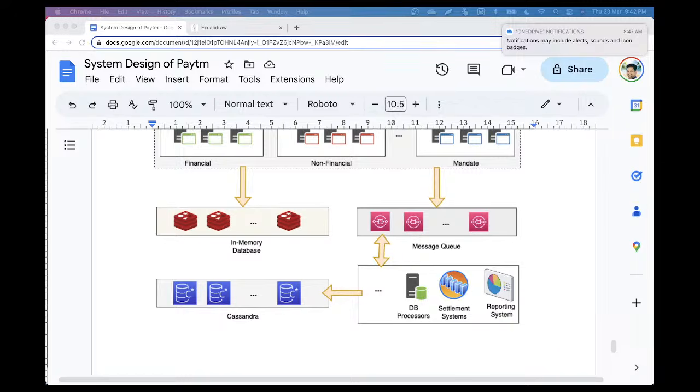Cassandra, right? It uses a leaderless election algorithm. So one of the nodes acts as a master. The request comes there, then it sends a replication to other followers.